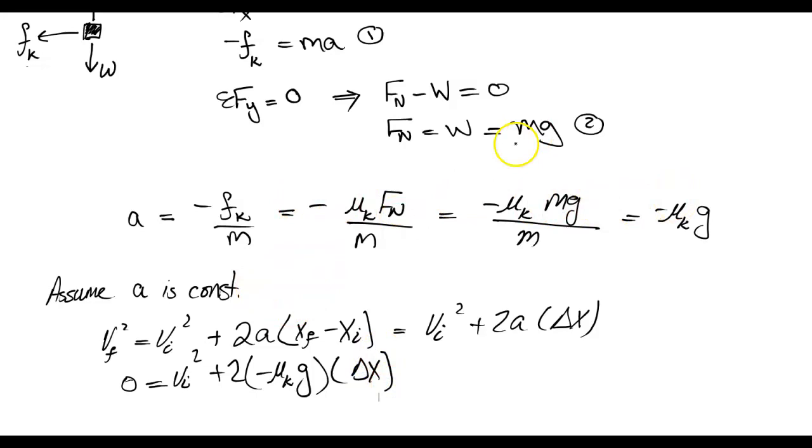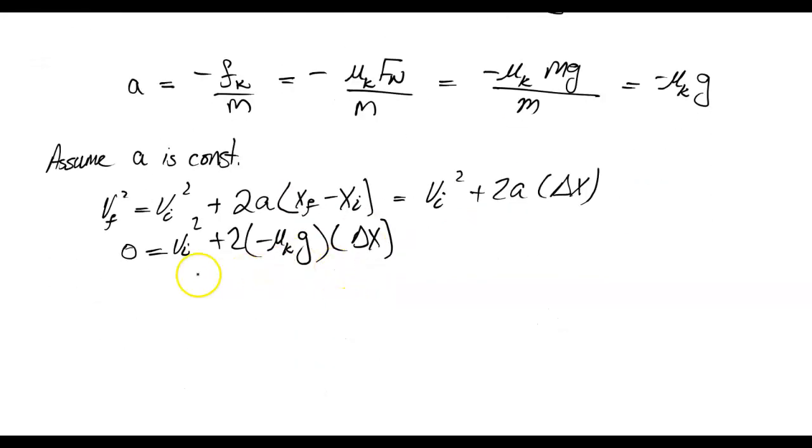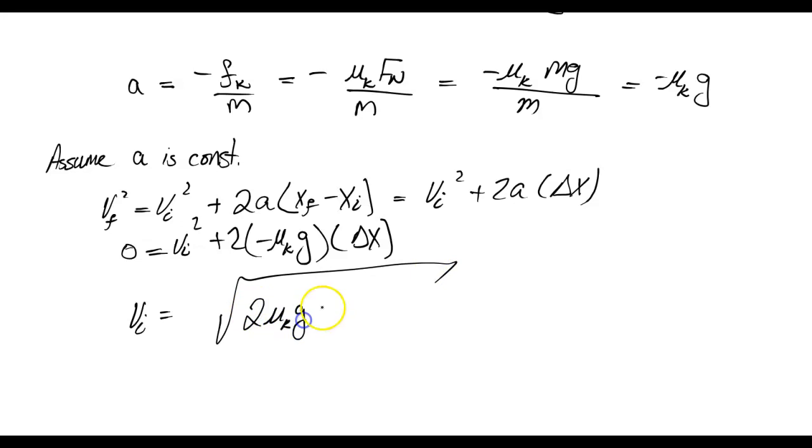So solving for V initial, we get the square root of 2 mu k g delta x, where the negative, if you move it over to the other side, becomes a positive.